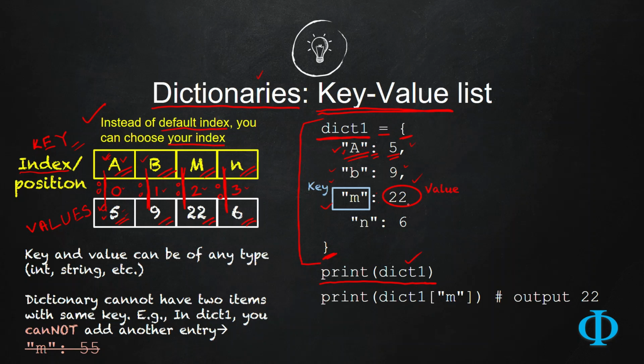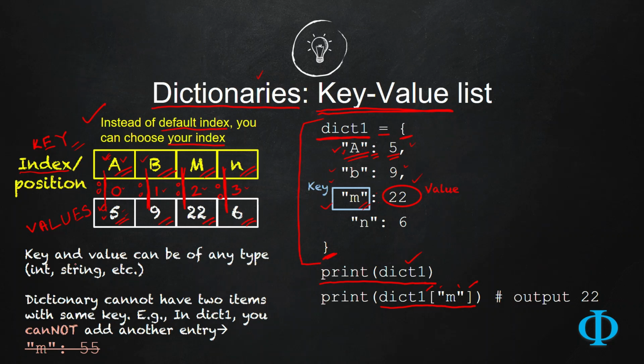For example, if you want to access the item stored at index M, you can access it like this: the dictionary variable name, and then inside opening and closing box brackets, you specify the index name. Because of this, it is also called a key value store.